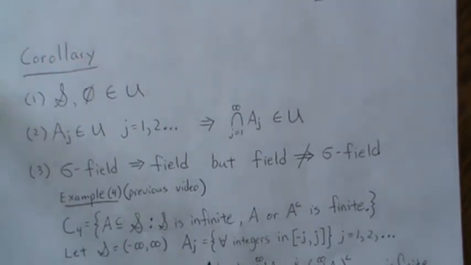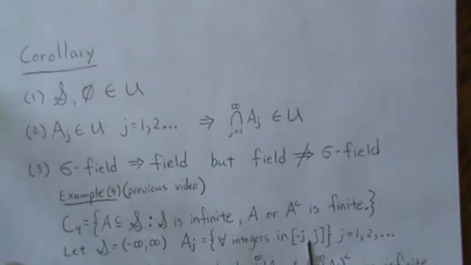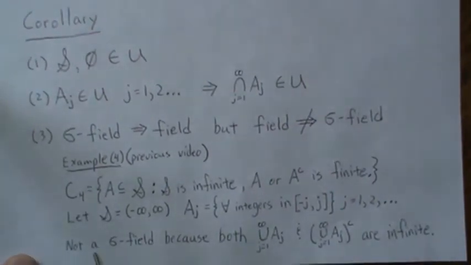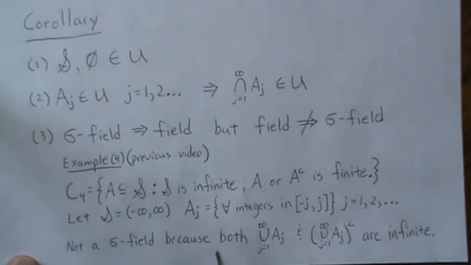So this is a field, and we proved that it has to be. But is it a sigma field? And the answer is no, because if we take a countable union of these intervals, this is going to be finite, and its complement would be infinite, but they would be in the set because that's how we defined this set.